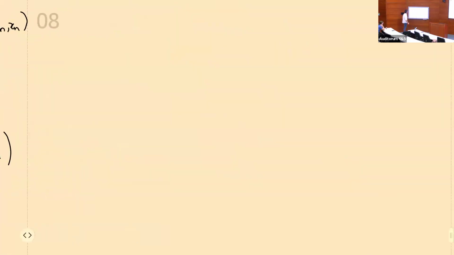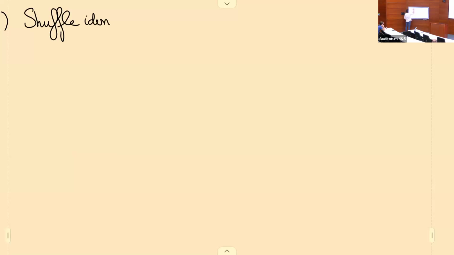Right. So okay, so that's computations. And so then the last property, an algebraic property, is the shuffle identity. It's a little bit tricky to introduce, but I'll try my best.